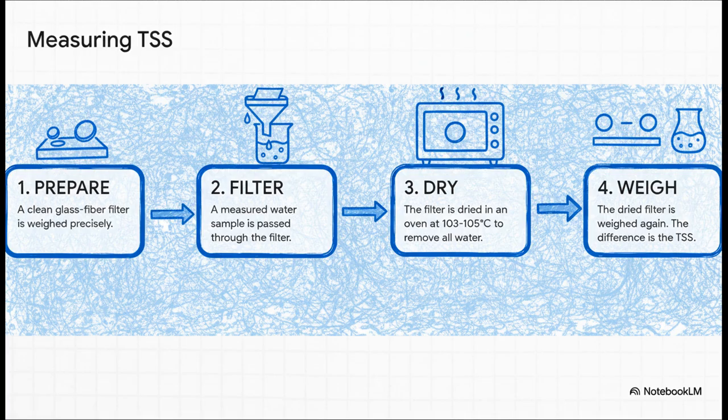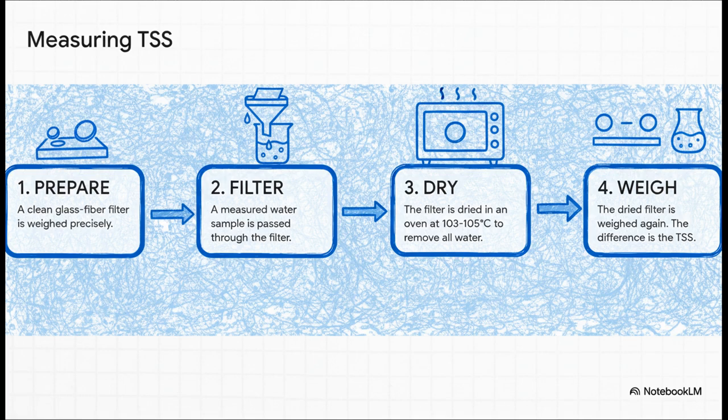So here's how it works, step by step. First off, you take a special glass fiber filter and weigh it very, very carefully. Then you pour a specific amount of your water sample right through it. The water goes through, but all those little solids, they get trapped. Next, you pop that filter into a scientific oven to bake off every single drop of water. And finally, you weigh the dried filter one more time.